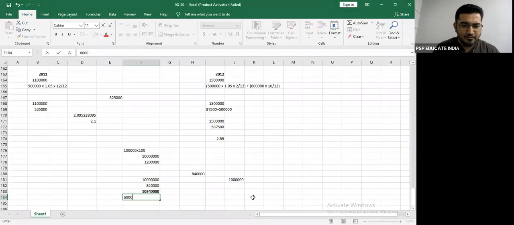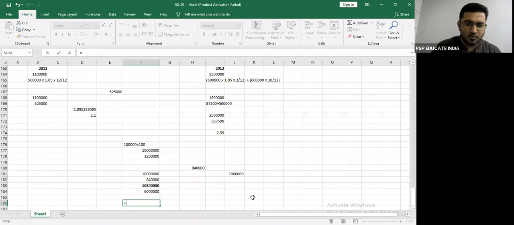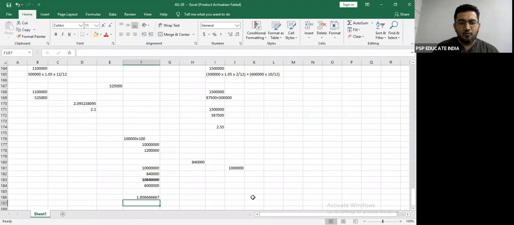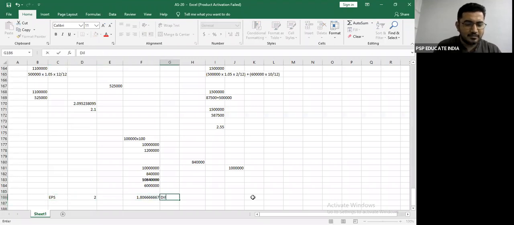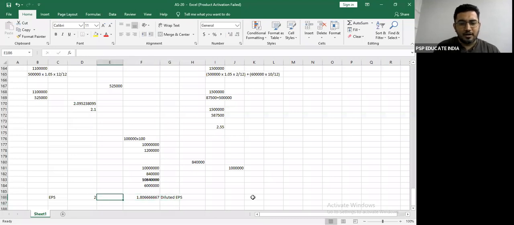So you have 60 lakhs. Let's look at the diluted EPS. You get 1.80. How much EPS did you calculate? 2. So your basic EPS is 2 and your diluted EPS is 1.81.